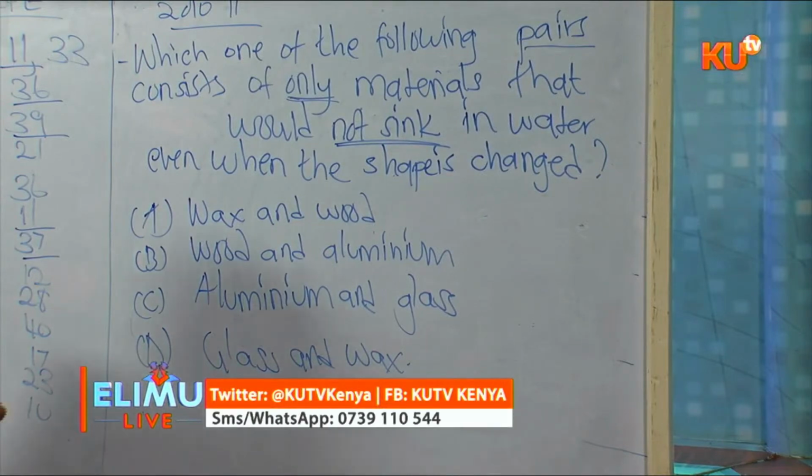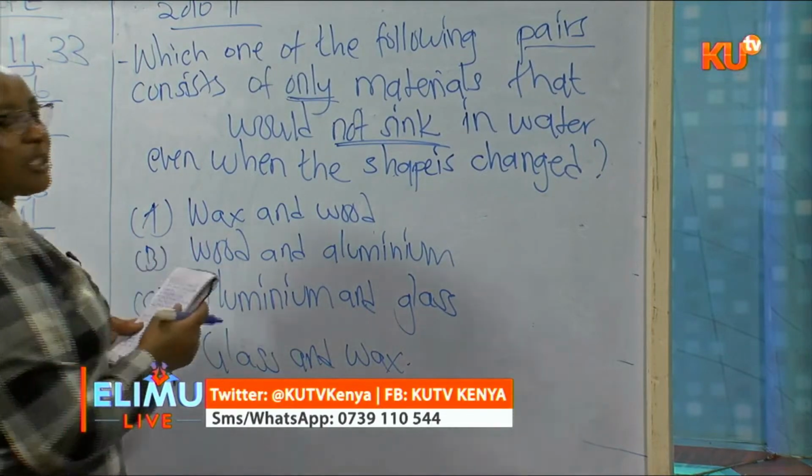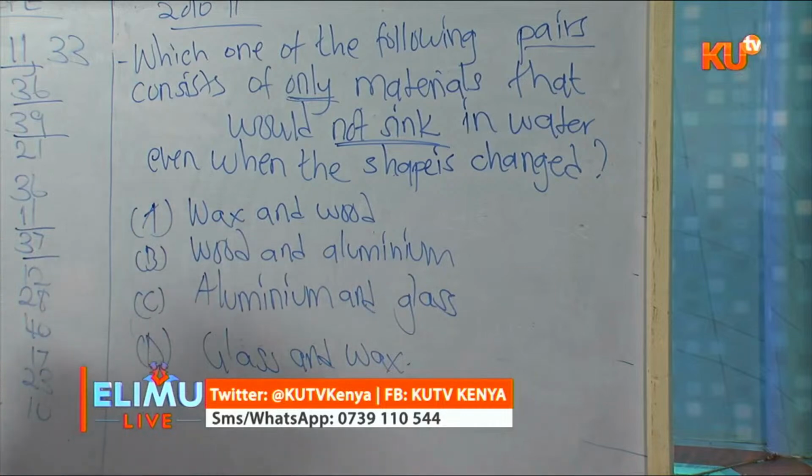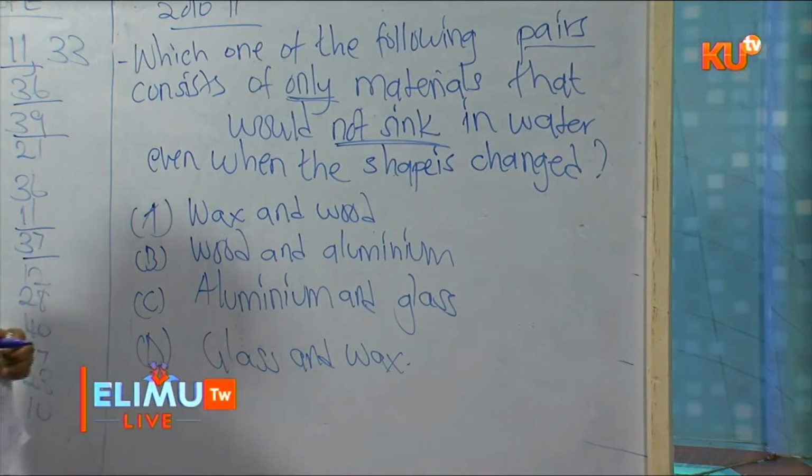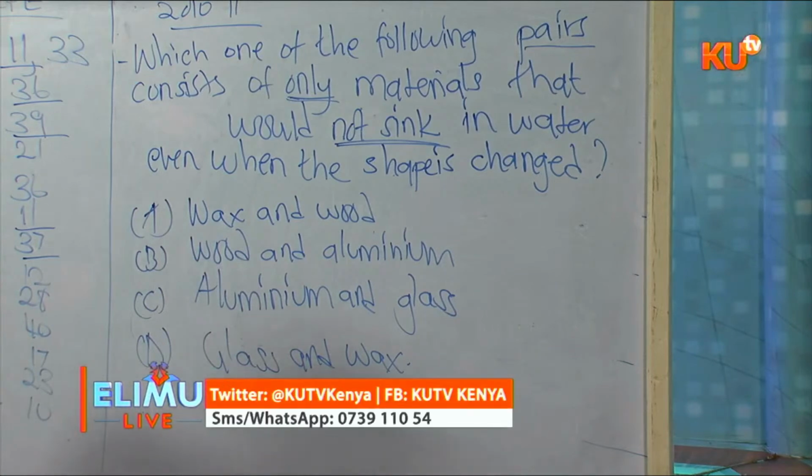Now this is very confusing because in most cases you find that most of the things that we have at home which are made of aluminium are sufurias, and when you put sufurias in water they usually float. But remember, we also have other objects which are made of aluminium. So the same case applies to glass.